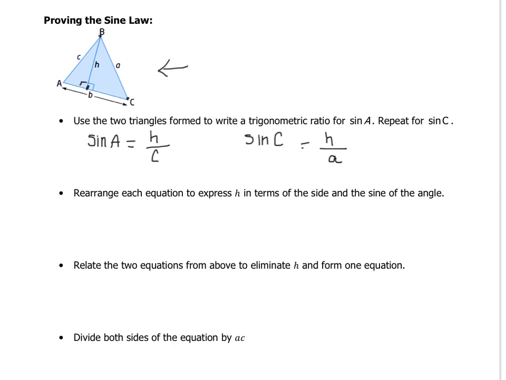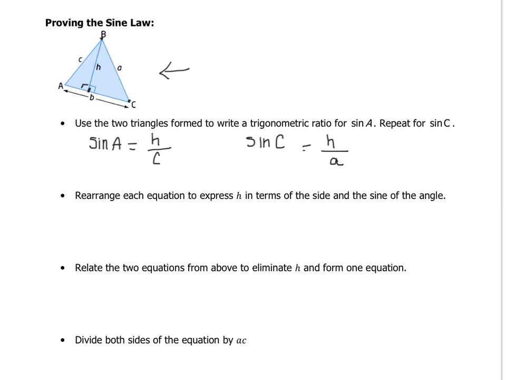So if we take those two equations and rearrange each one of them so that the H is all by itself, and we would do that by either multiplying both sides by C or cross multiplying, you'll end up with H equals C times the sine A for the first one.